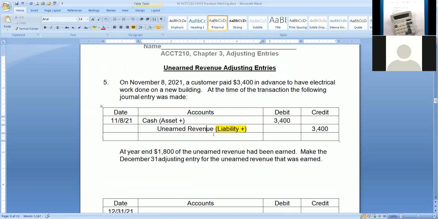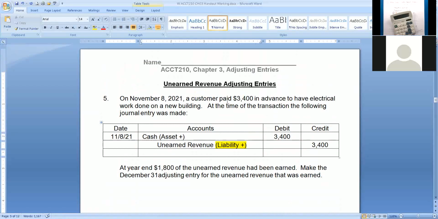So they pay us ahead of time to have electrical work done on a new building. They paid us $3,400 in advance, and so we will pick that up as a liability. It's unearned revenue. And if we don't do anything, we have to give them their money back.